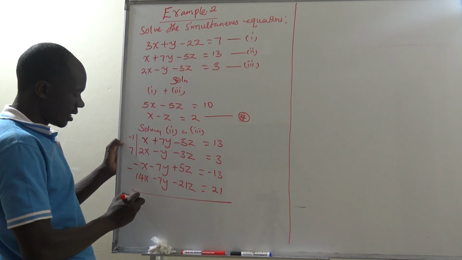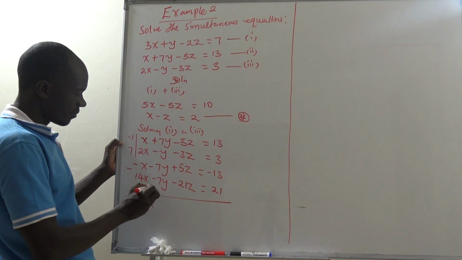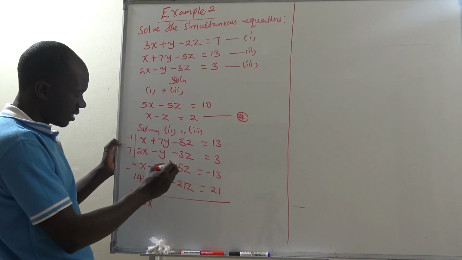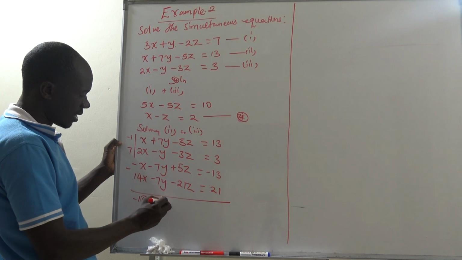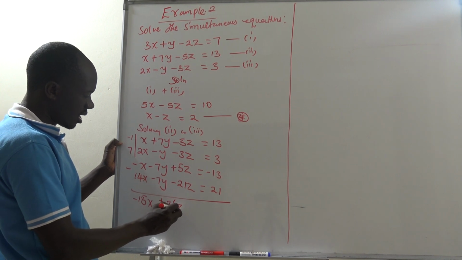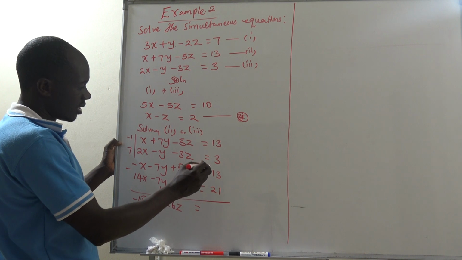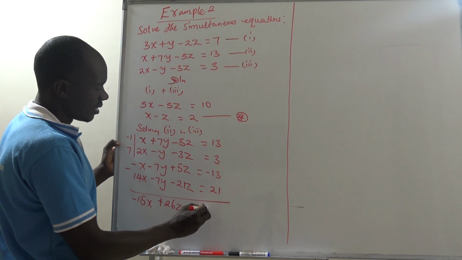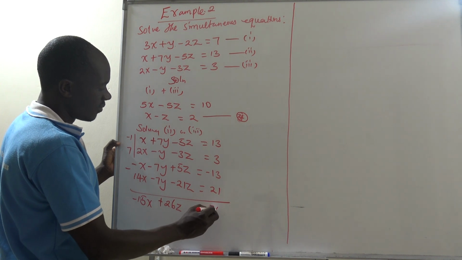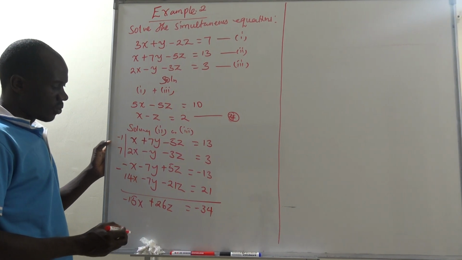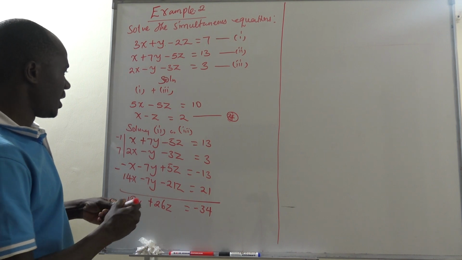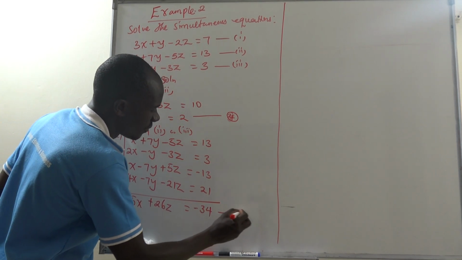This minus minus, I get -15x. This one disappears. I also get this minus minus, plus 26z = -13 minus 21, I get -34. So from there, this one is in terms of x and z. I can call it equation 5.